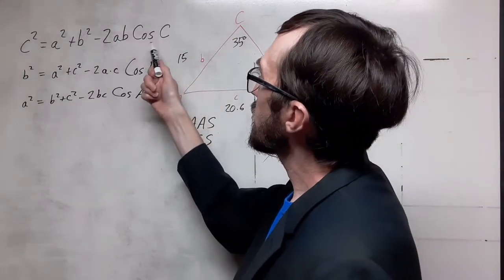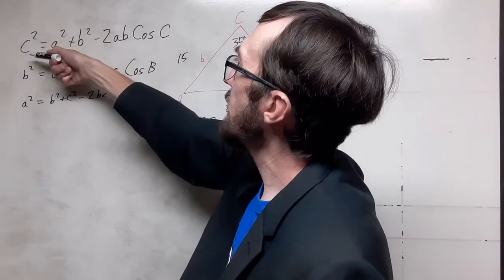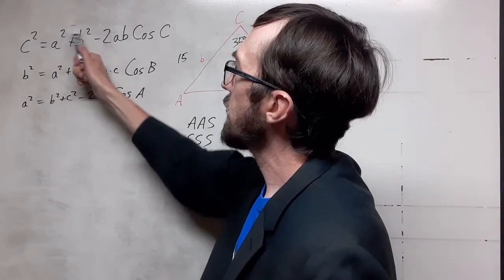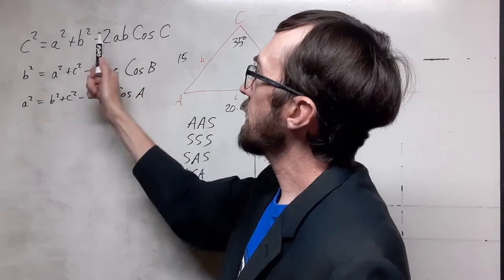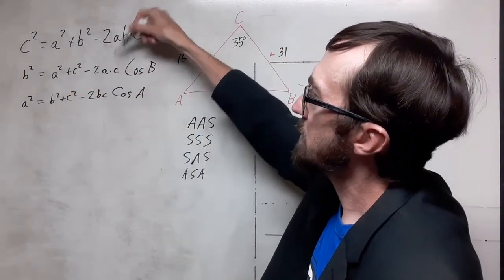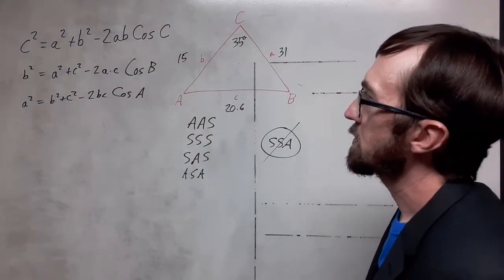So again, we're looking at the angle here is paired with the side on the left-hand side. The other 2 sides of the triangle have to be immediately to the right of the equal sign, and then whatever sides that we are adding the squares of have to be multiplied by 2 over here with the cosine. And you can build those 3.